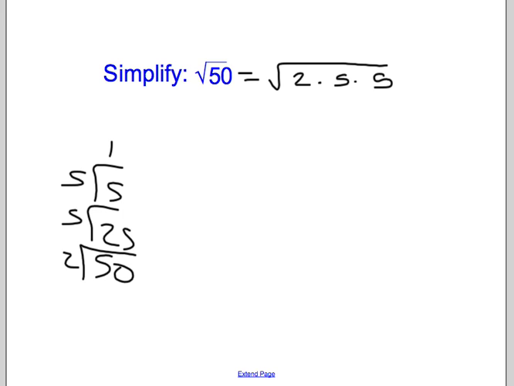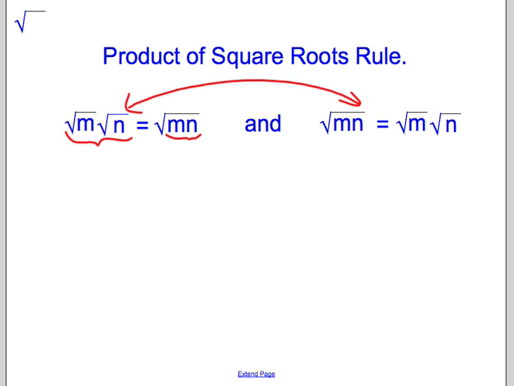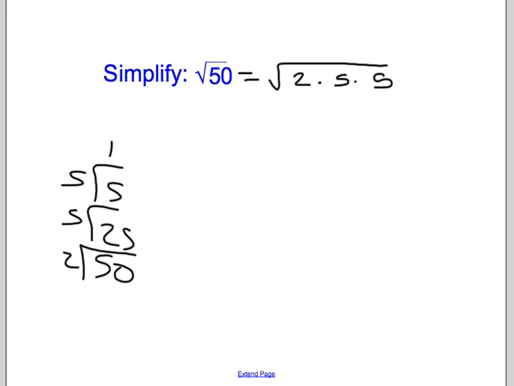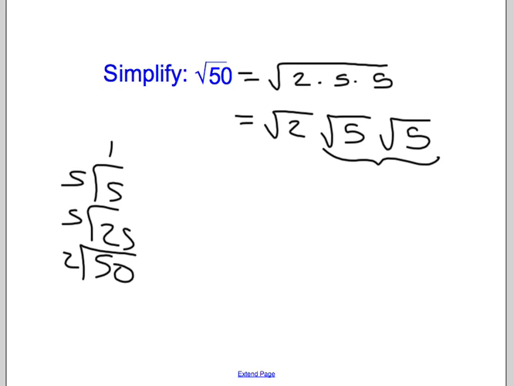And then, based on this previous product of square roots rule, I have my 2 times 5 times 5. I can write each one of those as its own square root. So I can go the square root of 2 times the square root of 5 times the square root of 5. And the reason that I want to do that is I have a pair of square roots of 5s.